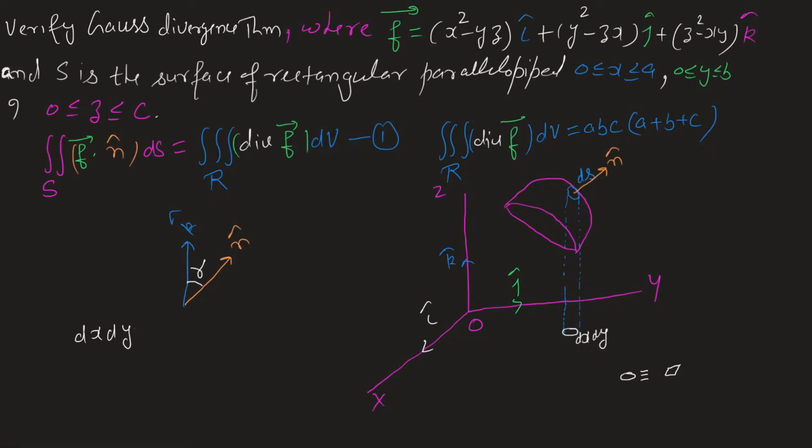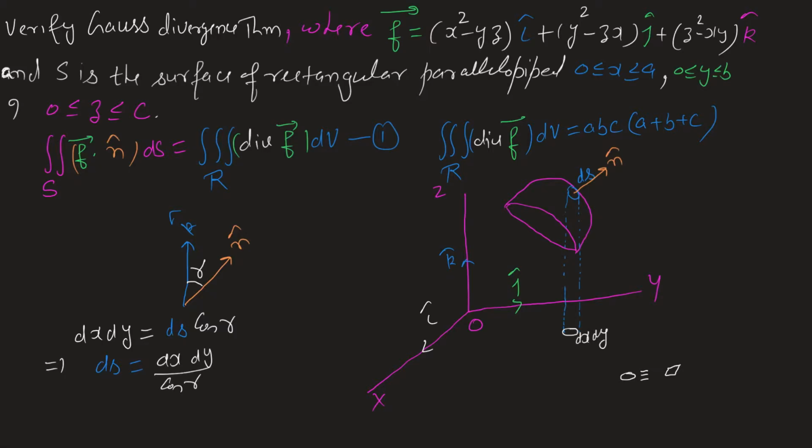So this will be equal to ds cos of gamma. This implies that ds is equal to dx dy divided by cos of gamma.